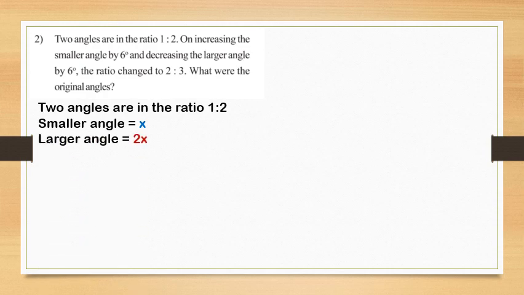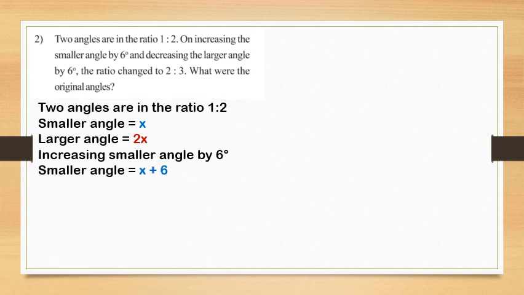Then what happened? Smaller angle increased by 6 degrees and larger angle decreased by 6 degrees. So let us write increasing the smaller angle by 6 degrees. Then what will be the smaller angle? Yes, smaller angle equal to x plus 6.